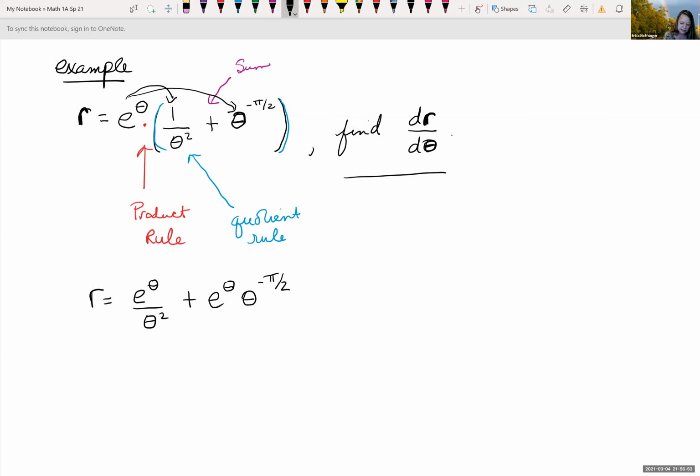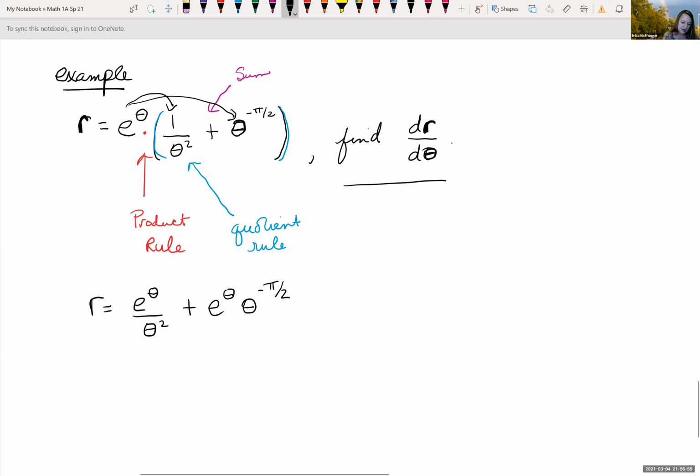If I left it in this form, I'm going to have to do a couple of things. I would have to use the quotient rule, I would have to use the sum rule, and here, for e^theta times theta to the negative pi halves, I would have to use the product rule.